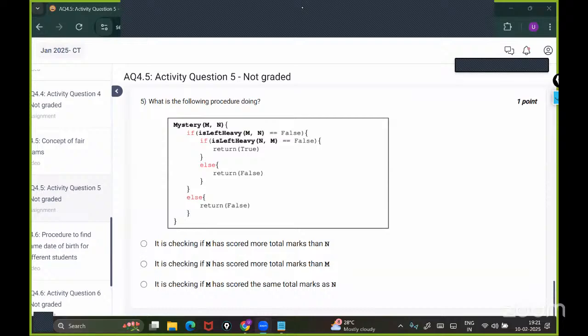Yes, you are audible. Then tell me, when will we get both n comma m and m comma n as false? In what case? If the m value is greater, or the n value is greater, or both are equal?